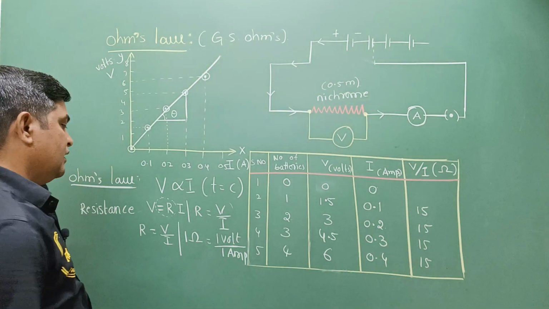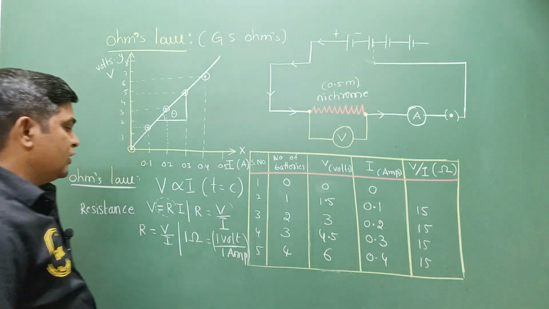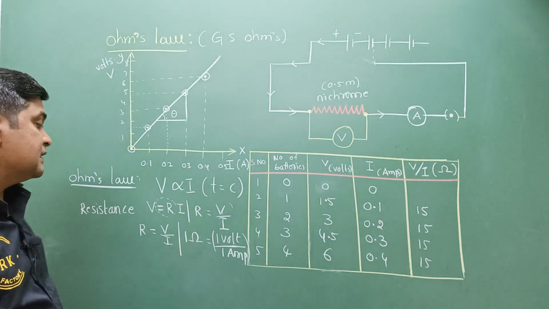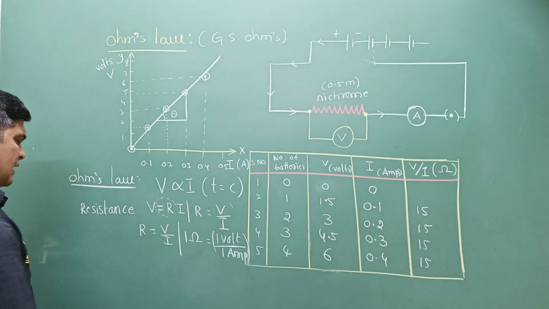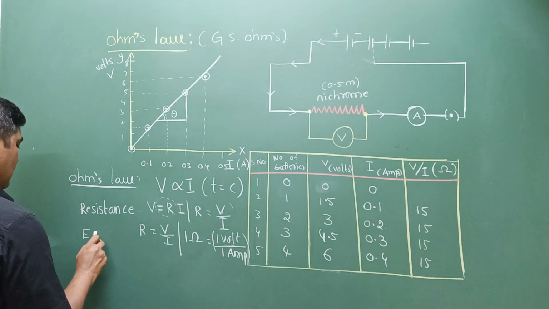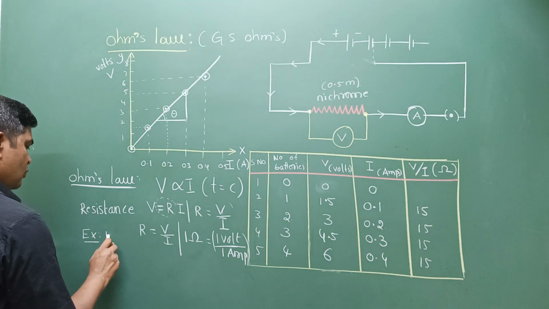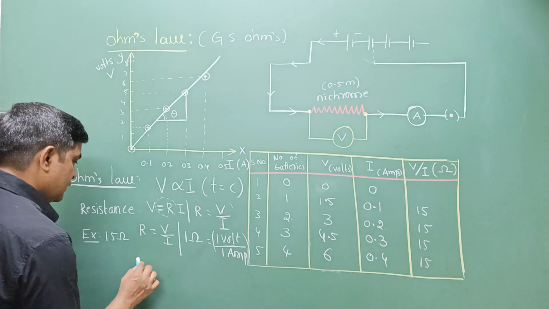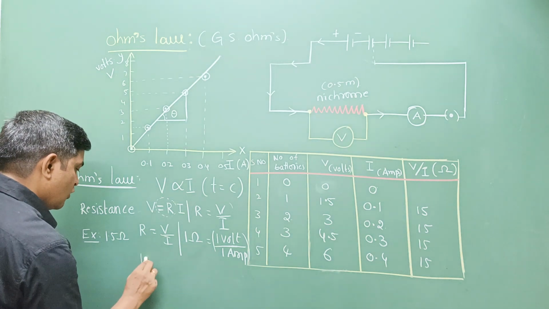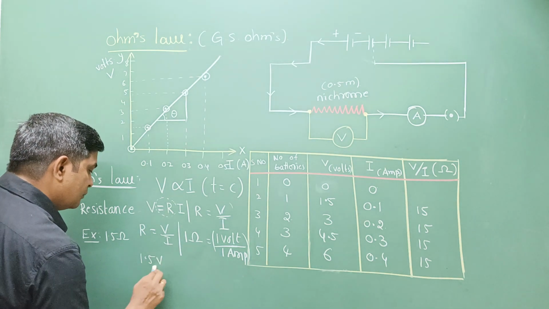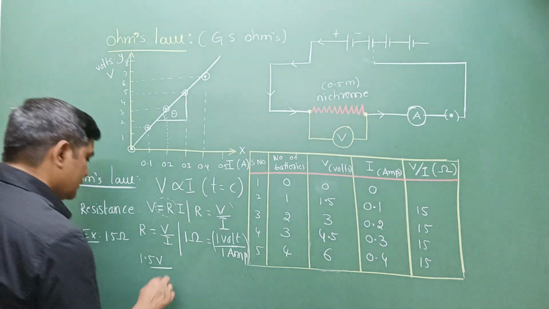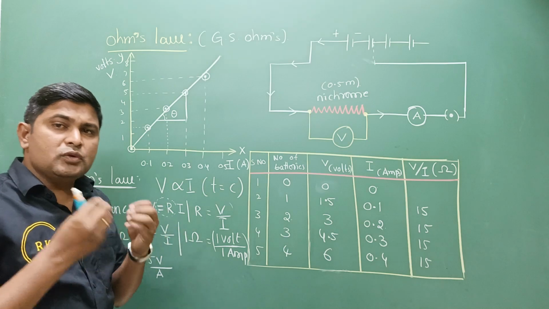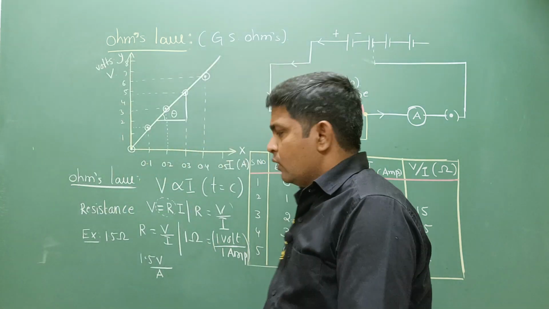Whenever there is 1 volt potential difference for flowing 1 ampere current, then the resistance offered is going to be 1 ohm. Then can you understand what is the meaning of 1.5 ohm? 1.5 means 1.5 volt per ampere. Per ampere means just 1 ampere, always per unit quantity of ampere.